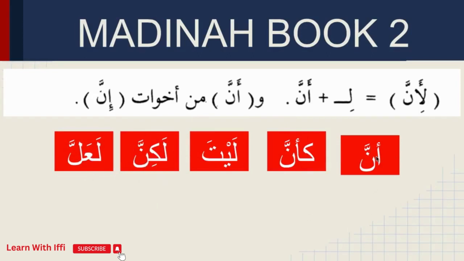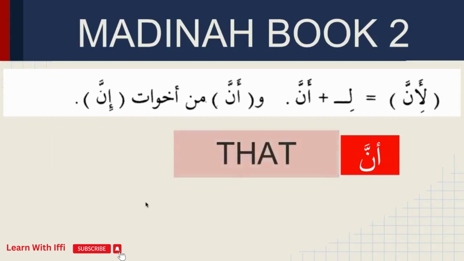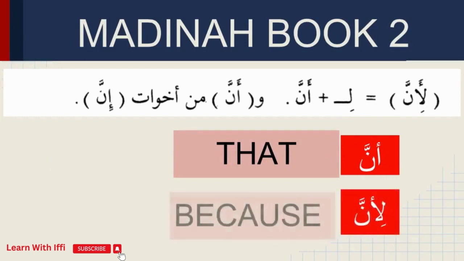So now we got anna. We know inna and akhawatu inna have ism mansub and khabar marfu. Inna means that, anna means that, and when we add harf li, it becomes li'anna. So li'anna means because. We don't say li'anna as akhawatu inna, we just say anna is akhawatu inna.